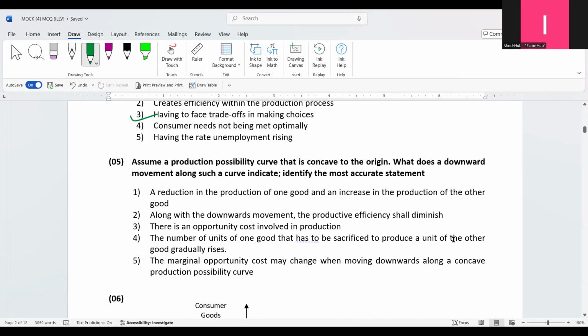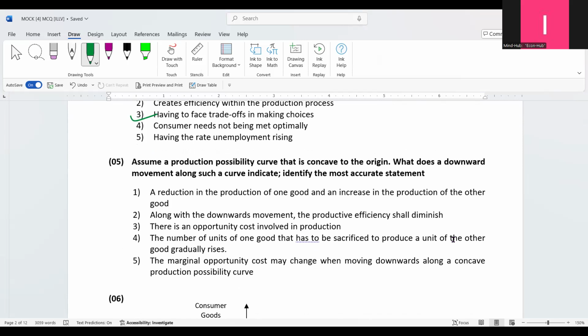Number 5, assume a production possibility curve that is concave to the origin. What does a downwards movement along such a curve indicate? Identify the most accurate answer. Concave to the origin meaning it's increasing opportunity cost.